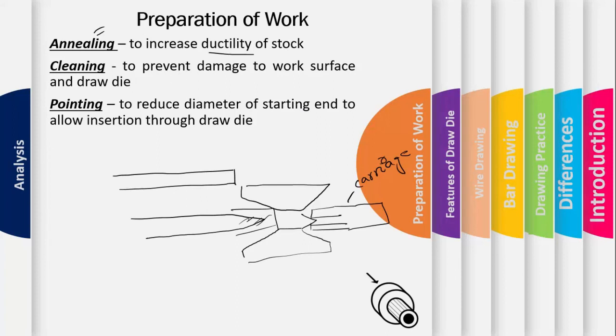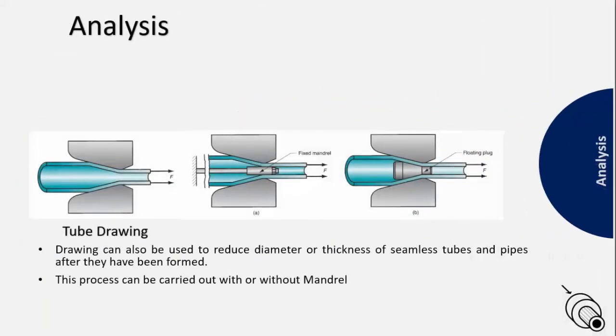Last, we have a short analysis for the wire and the bar drawing operation. As we know, it's a reduction process, so we have certain parameters in the drawing operation.